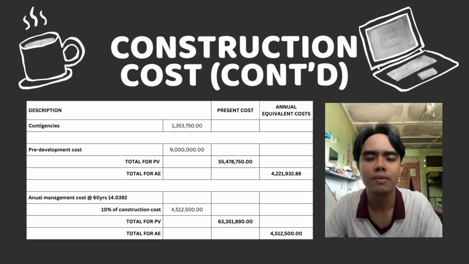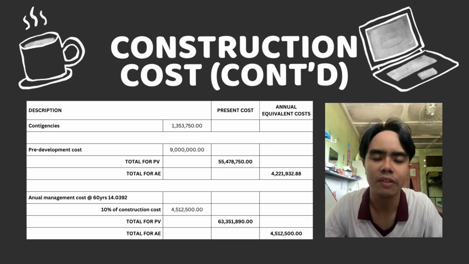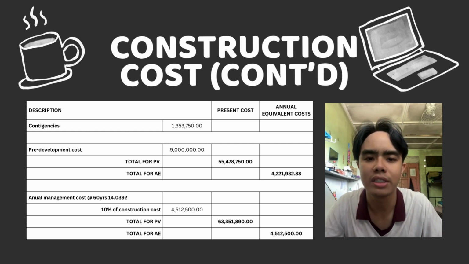This value is directly added to the present cost of the development because it represents a necessary investment before construction can commence. So the total present cost is around 55 million ringgit, and the annual equivalent cost is around 4.2 million ringgit after multiplying the total present cost with the ASF plus I, which is 0.0761.